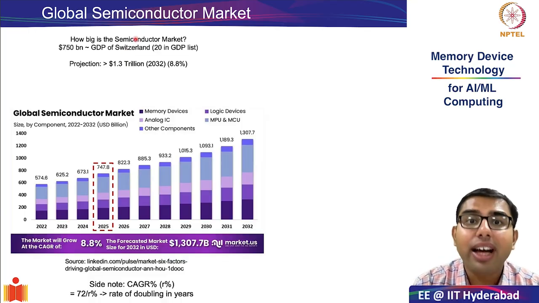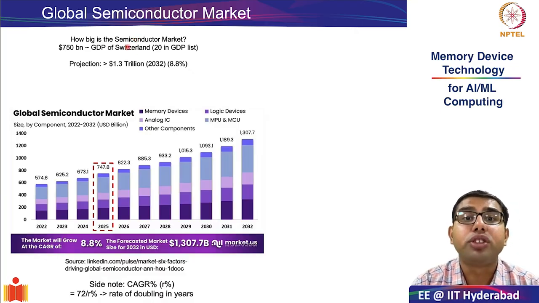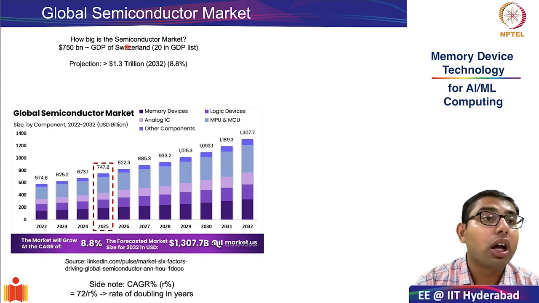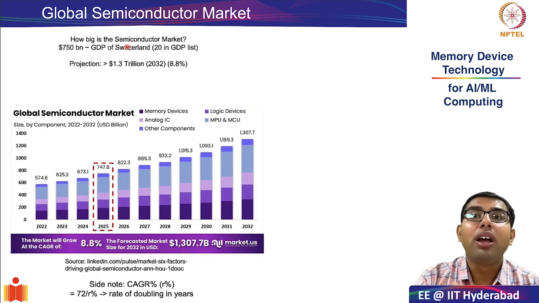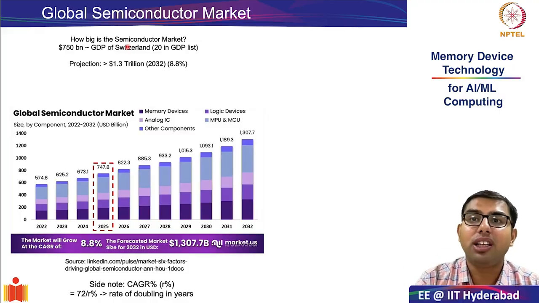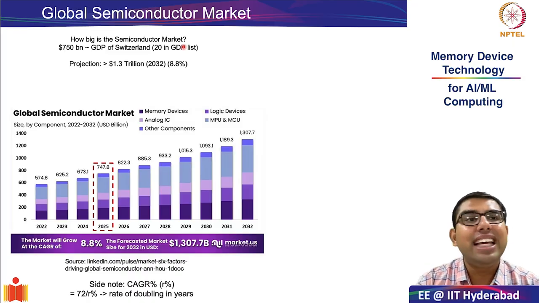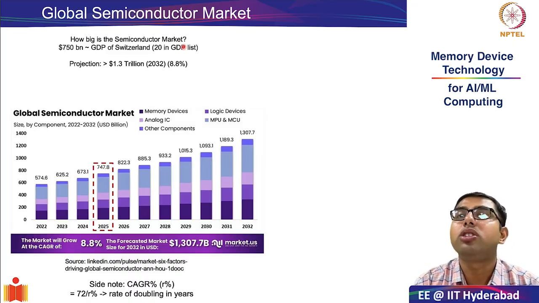So the entire semiconductor market per year is roughly equivalent to the GDP of Switzerland. And if you put them in the list of countries, the semiconductor market will lie 21st in the GDP list, just after Switzerland.